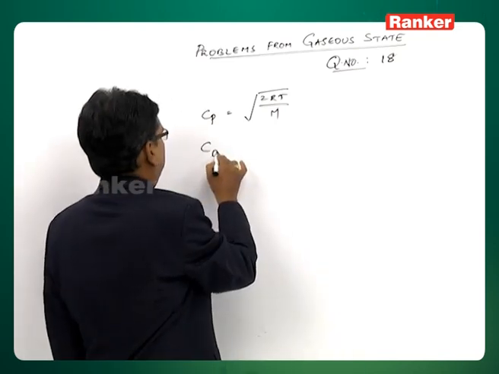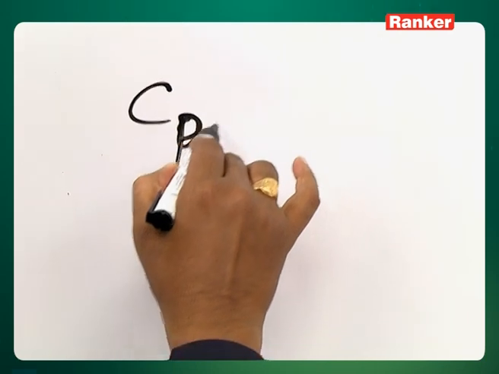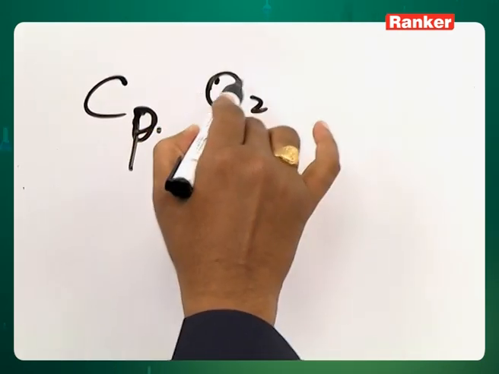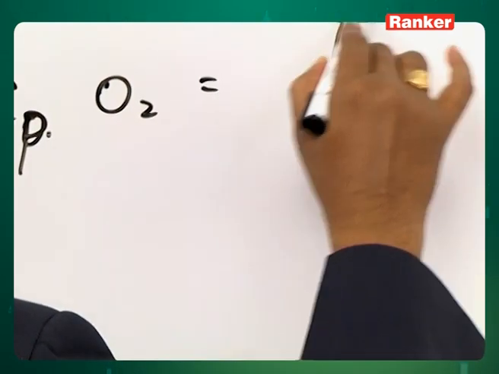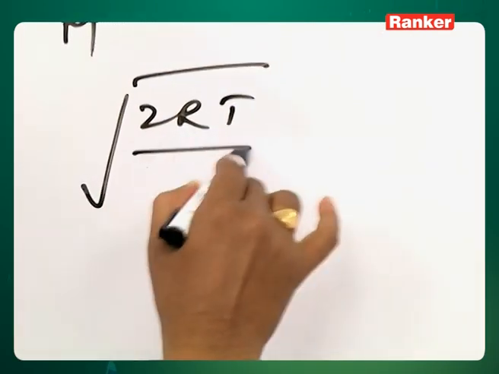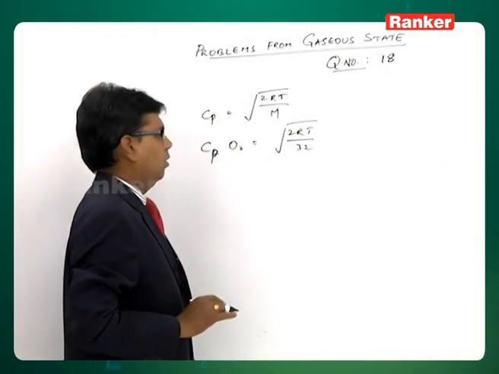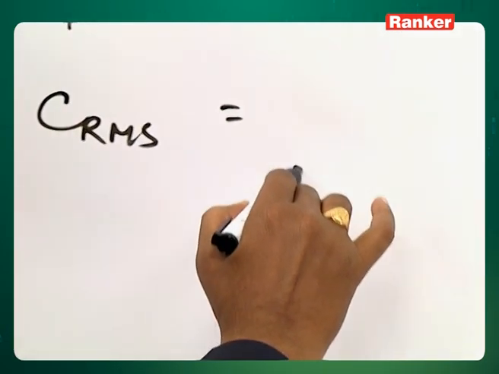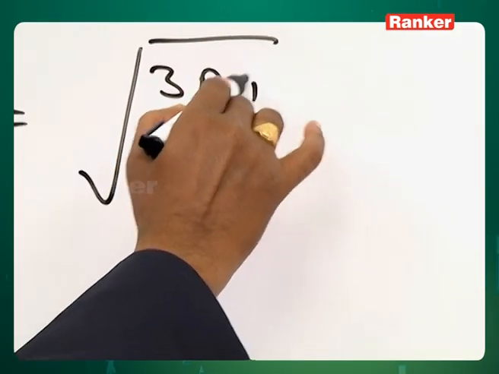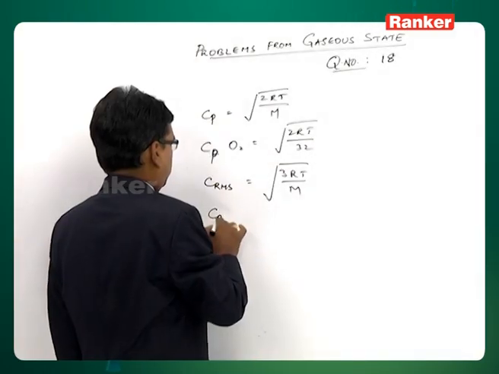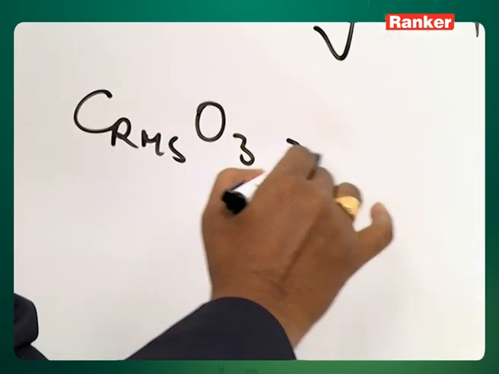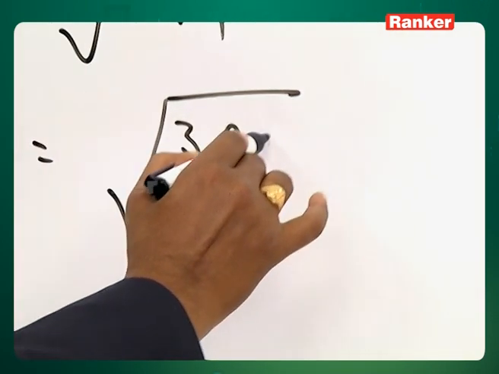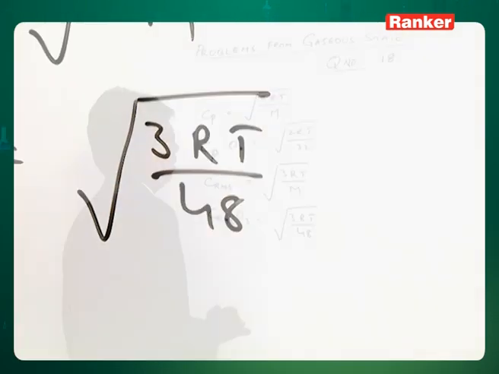So, most probable velocity Cp for oxygen is equal to under root 2RT by 32. And RMS velocity is equal to under root 3RT by m. So, the RMS velocity for ozone is equal to under root 3RT by 48.